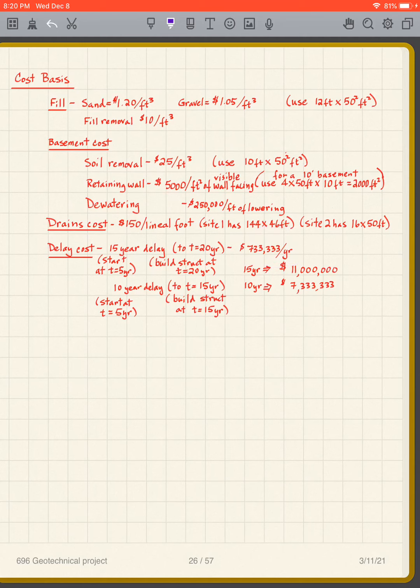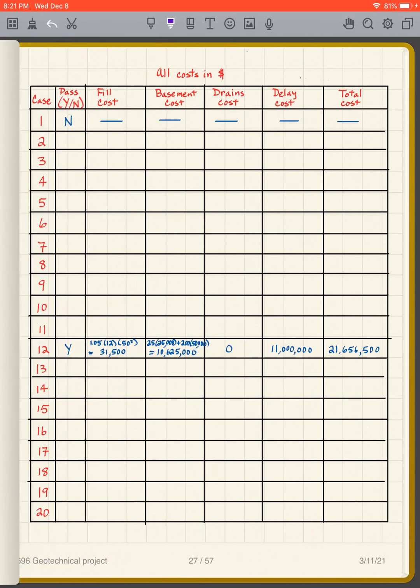So 15 times 733,000 per year, that's going to give you how much that delay will cost. So the 15-year comes out to be $11 million. If you do just a 10-year delay, which we're going to talk about later, it is $7 million plus dollars. So you want to put costs on this by filling out this table.